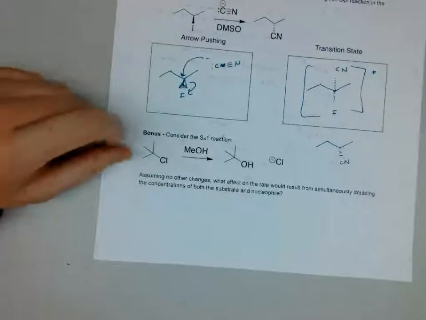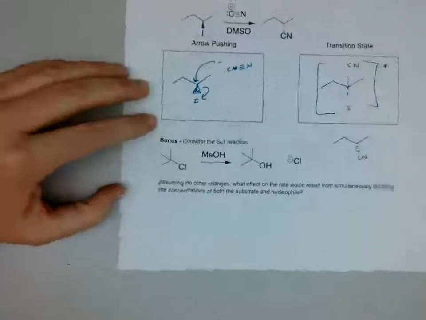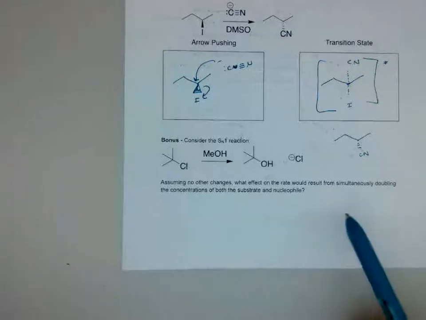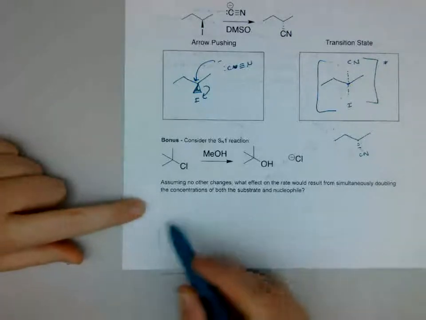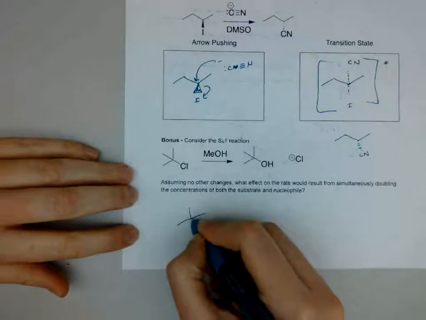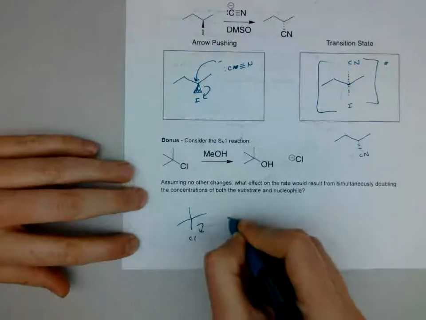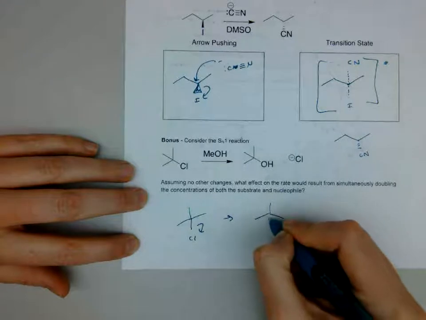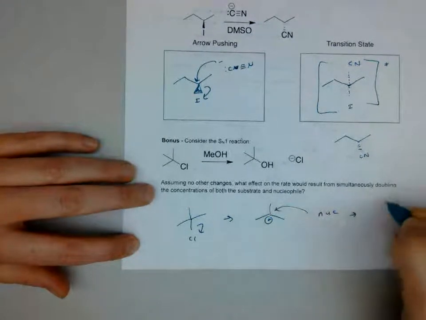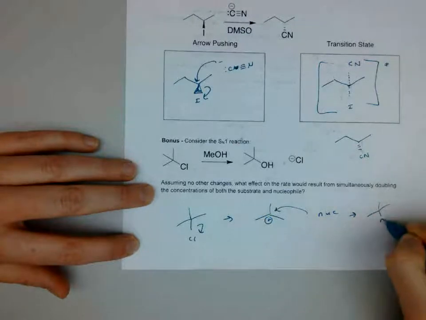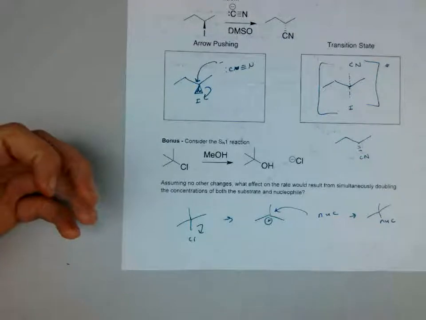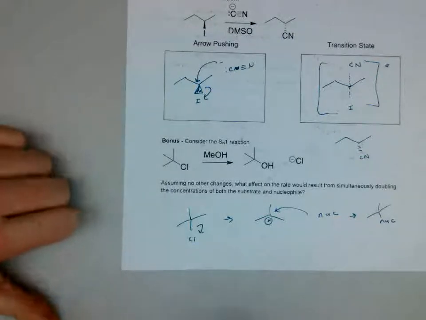Okay. Now for the bonus point, consider the Sn1 reaction. Assuming no other changes, what effect on the rate would result simultaneously from doubling the concentration of the substrate and the nucleophile? Well, the mechanism of an Sn1 reaction is that the leaving group leaves, and you get a carbocation, and then the nucleophile attacks, and you get your final substitution. And you get that as a 50-50 racemic mixture of both stereochemistries if it's a stereocenter.